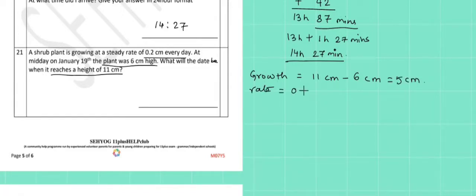and the rate is 0.2 centimeter each day, which means that we will divide the total growth by the growth of each day to find how many days it took. That is 5 divided by 0.2.